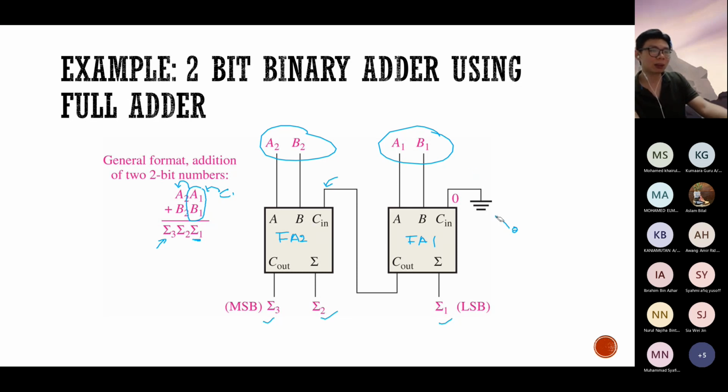It's an uncertain value, like a random value coming in, it can be 0 or it can be 1. You don't want this random value to come in, because if it happens to be 1, it's going to mess up your addition. So if you're doing the lab, you want to connect the carry in of the first full adder to ground, so that every time you get a 0 over here. And this will make sure your results are correct.